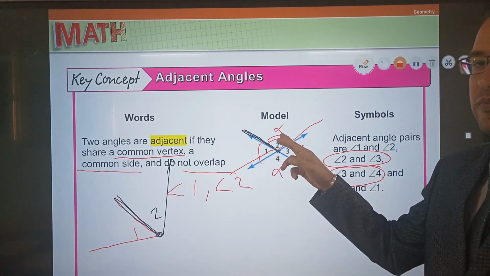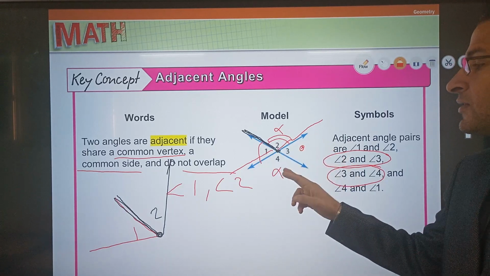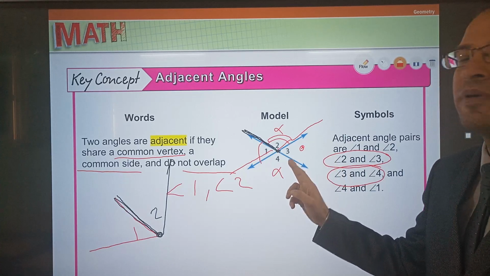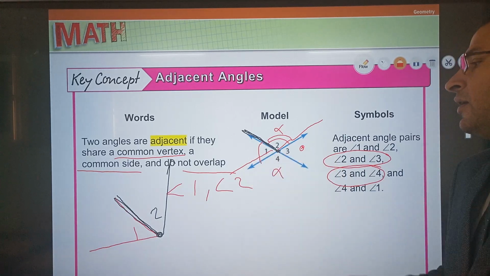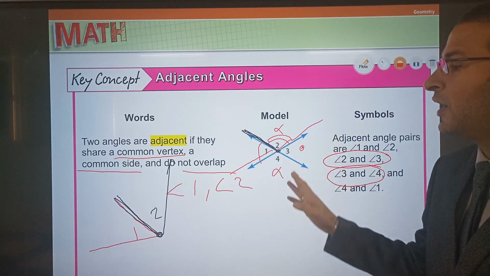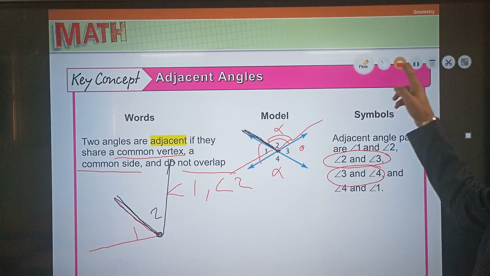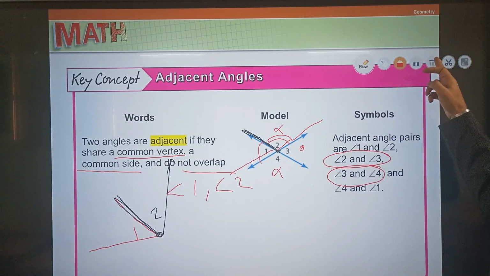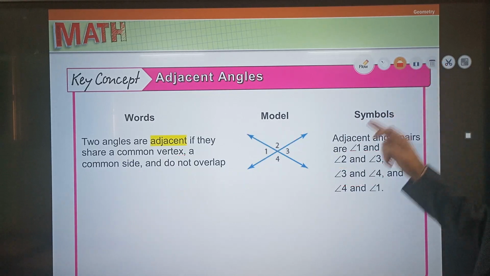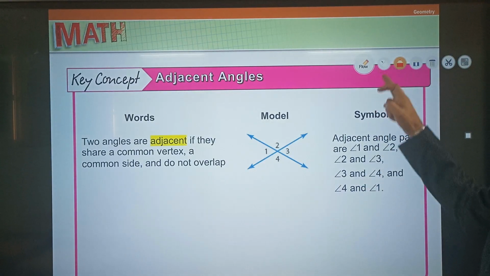So 1 and 2, 2 and 3, 3 and 4, and at last 4 and 1. The adjacent angles must have those three: common vertex, common side, and the outer arms in different directions.